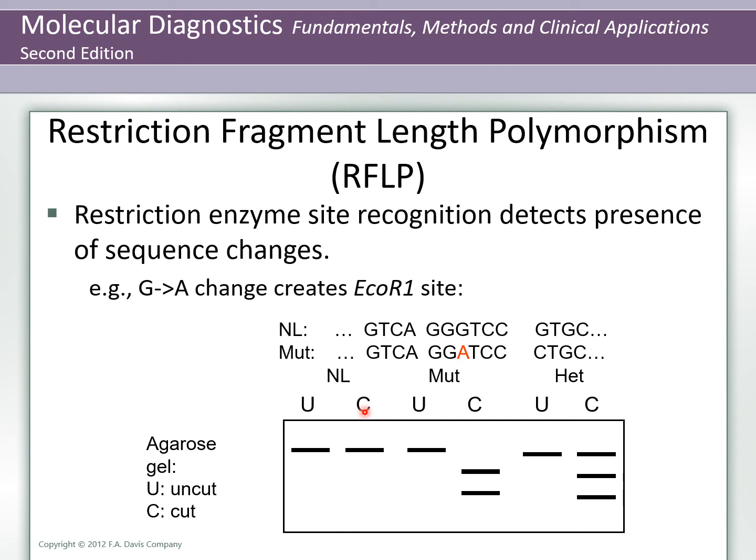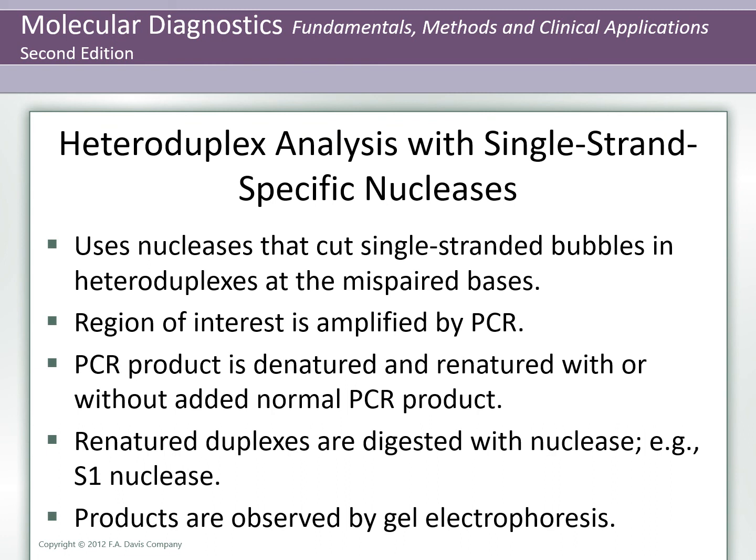Several PCR RFLP methods are widely used for detection of commonly occurring mutations, such as factor V Leiden, and it's also been used for HLA typing. The detection sensitivity of heteroduplex analysis can be increased by using single-strand specific nucleases that cleave heteroduplexes at the mispaired bases.